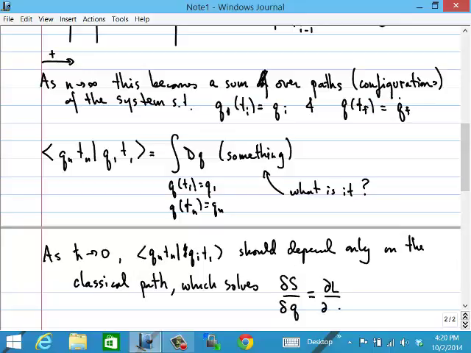Okay. So that's dL by dq minus d by dt dL by dq dot has to be equal to 0.